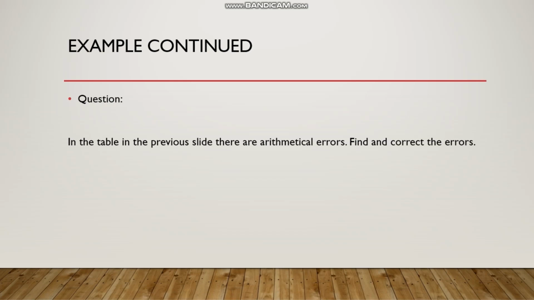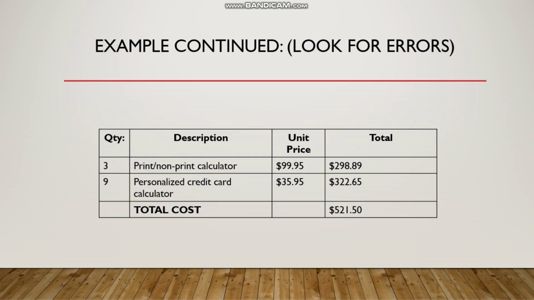So let's go through this example together. Okay, I'm going to show the table again for those of you who didn't get a good look at it. And I want you to just carefully look at the errors with the information that's provided and see if there's anything that you can find, any errors that may need to be fixed or corrected.